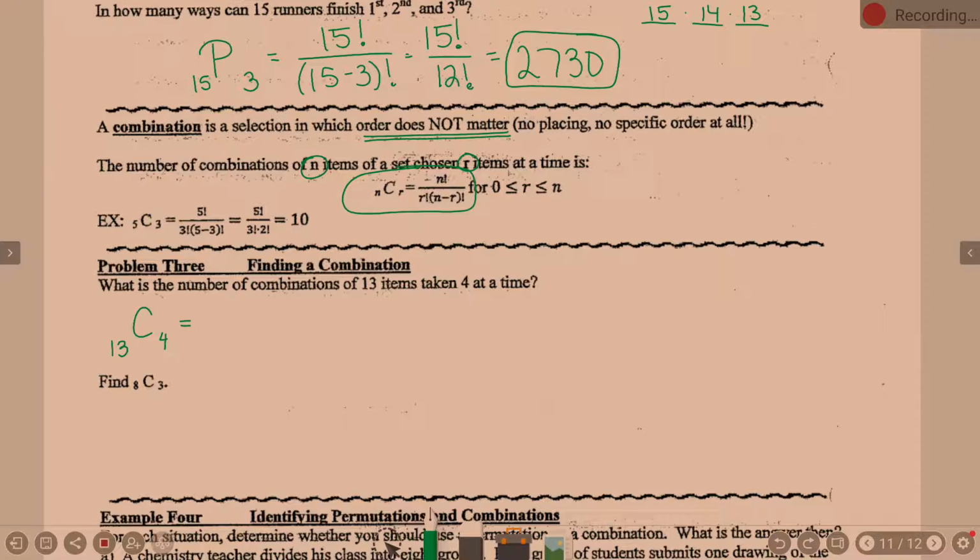What's going to go on top? n factorial, so 13 factorial. What's going to go on bottom? 4 factorial, because that's r factorial. And then it's n minus r, so 13 minus 4 factorial.